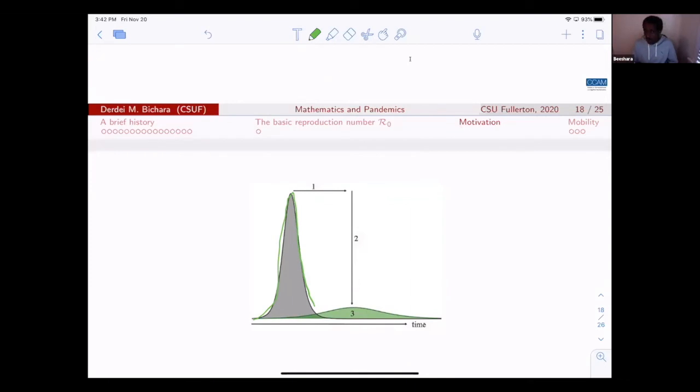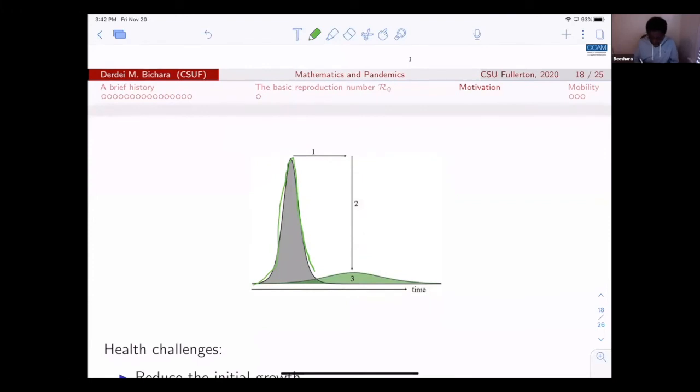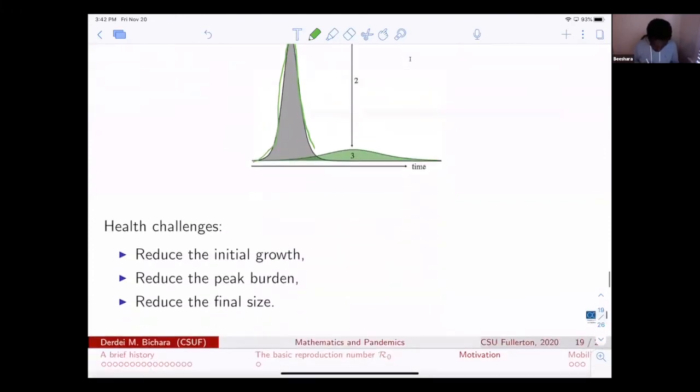We need to control, or at least we need to take some actions in order to delay the peak. And not only delaying it, we need to bring the peak down. Okay. So it's 3-step. Reduce the initial growth, and then reduce the peak, and then reduce the final size. Okay.